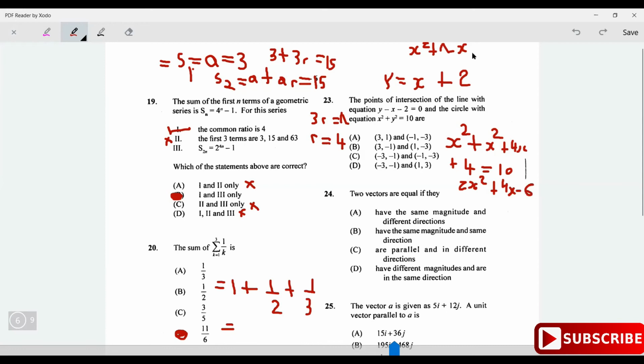So now I bring it over. It's x squared plus 2x minus 6 equals 0.